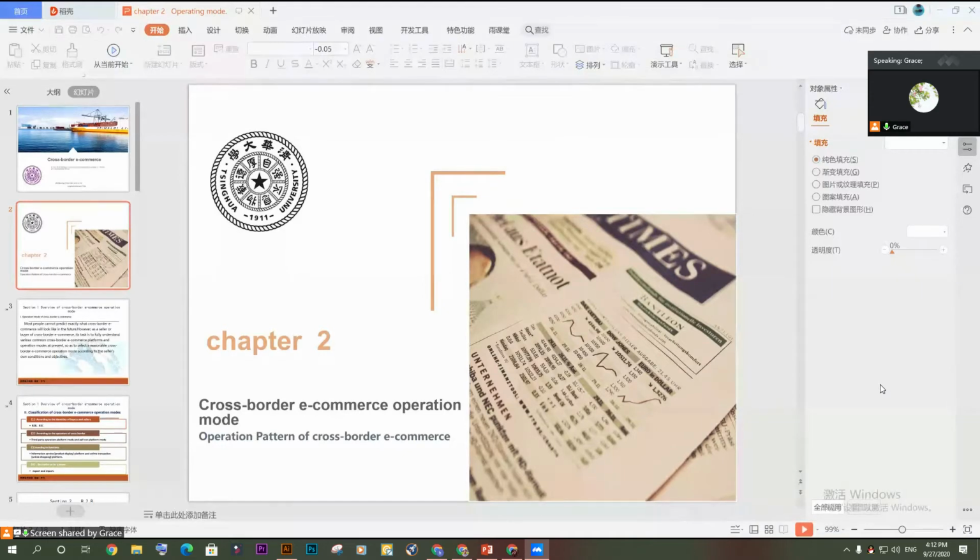Do you still remember that? These are the different kinds of cross-border e-commerce, and also the different classification of cross-border e-commerce operation modes. But now, in this chapter, we just focus on these two, B2B and B2C, because most of the operation modes of cross-border e-commerce are these two types, and we will discuss it later.